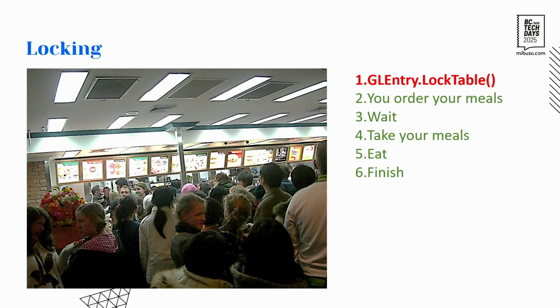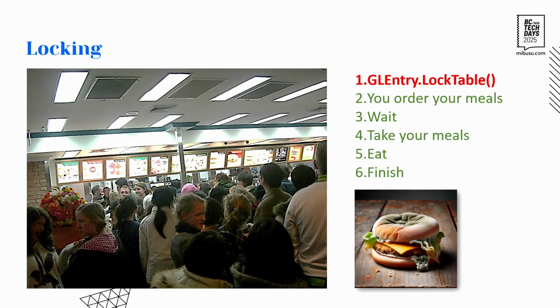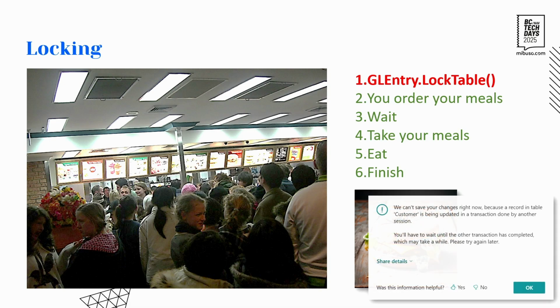But in our world, that corresponds to this GL Entry log table and Find Last we have sprinkled everywhere where we want to have the world for ourselves. And once you get your food and you get a table, it's all good, right? Or in our language, we can't save your changes right now because something is locked.